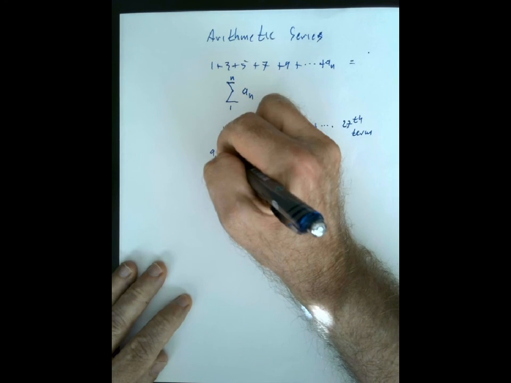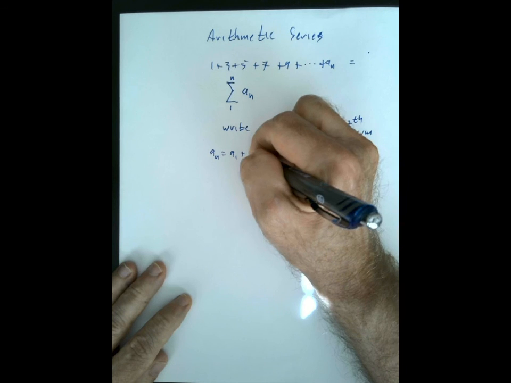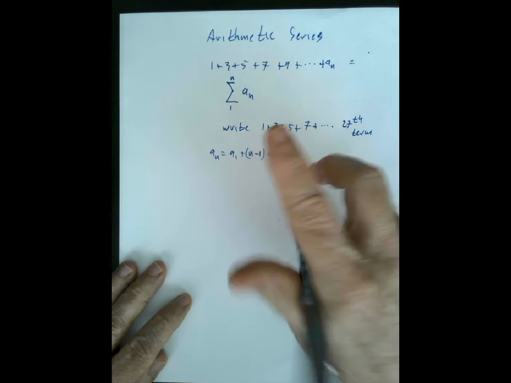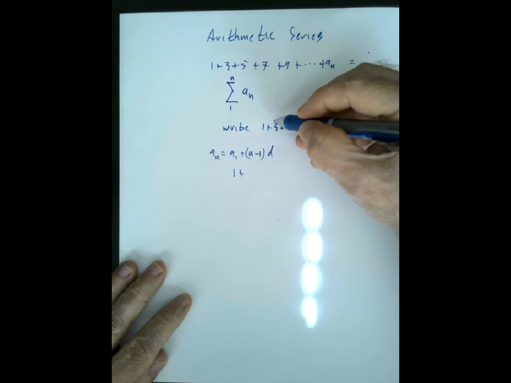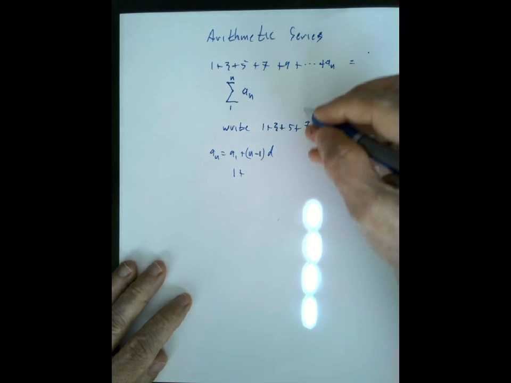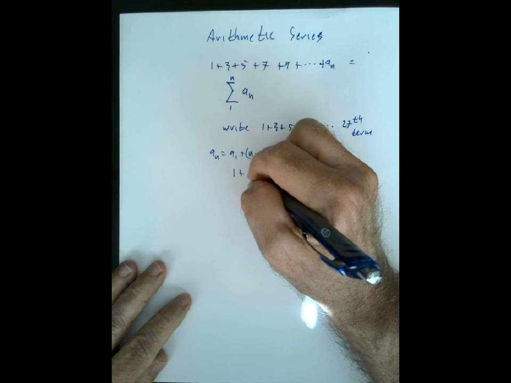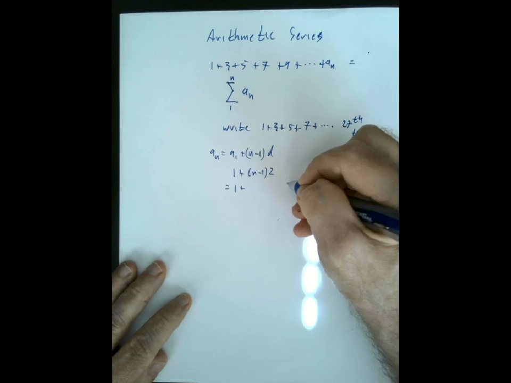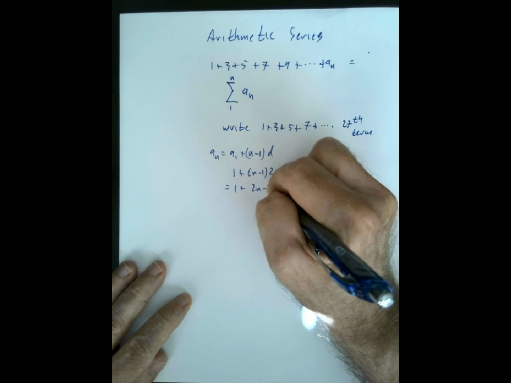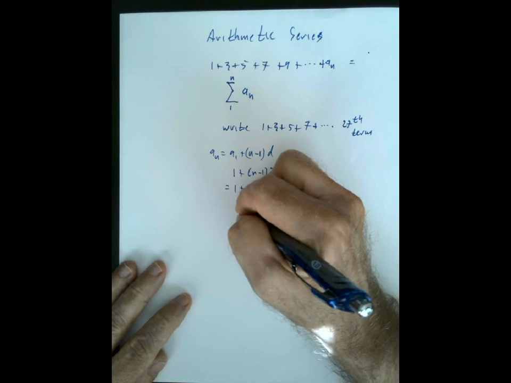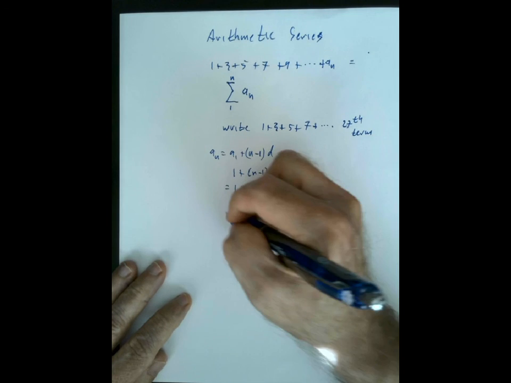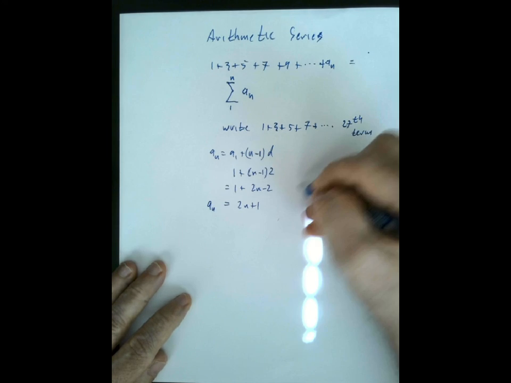A sub n is equal to a sub 1 plus n minus 1 times d. A sub 1 is 1, d evidently is 2, so it's n minus 1 times 2. So that's 1 plus 2n minus 2, which is 2n minus 1. So that's a sub n here.